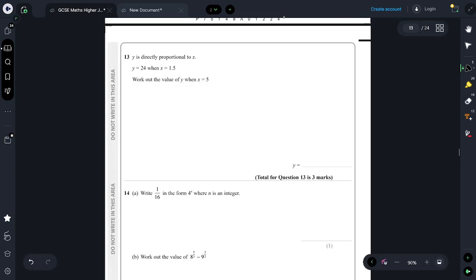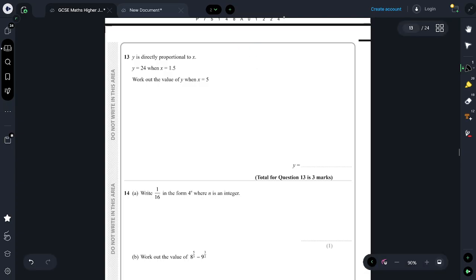Okay. Y is directly proportional to x. So I'm going to explain this again. You can simplify this. A lot of people tend to overcomplicate it. They use this weird symbol here, which means proportional to, and do all sorts of weird stuff.